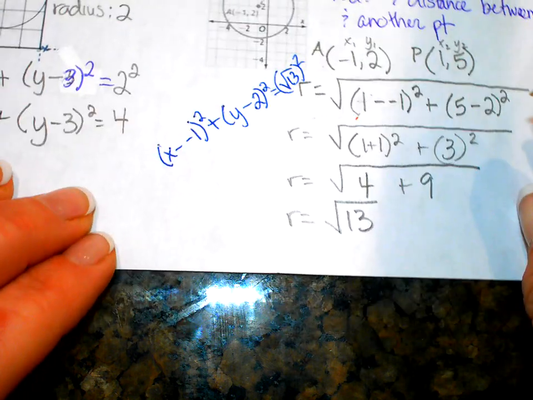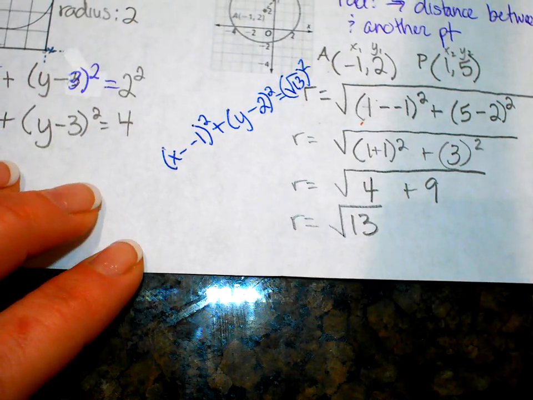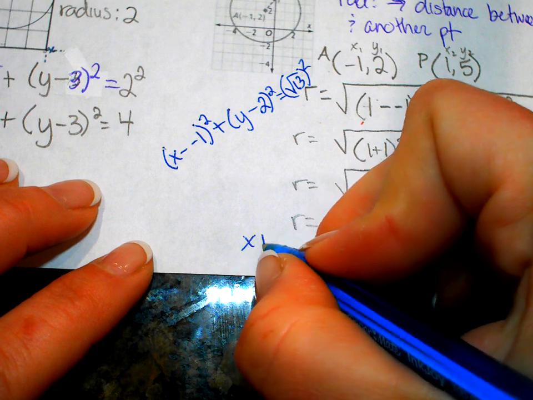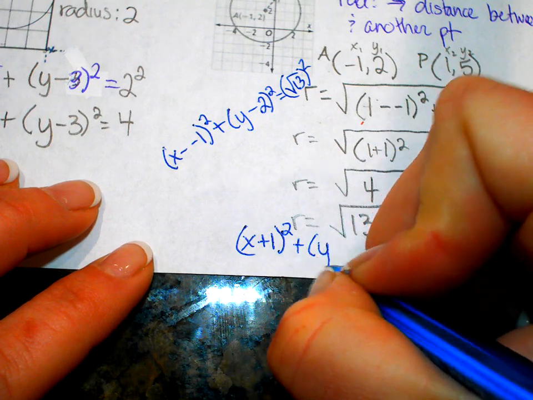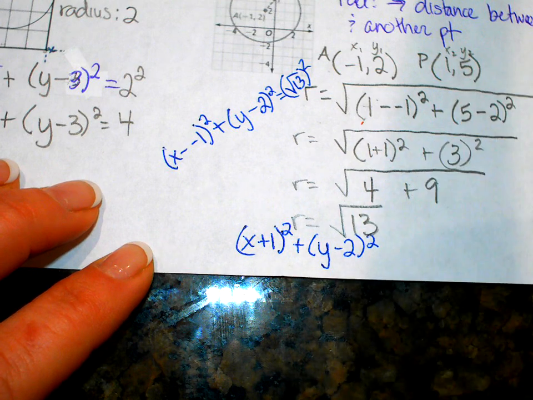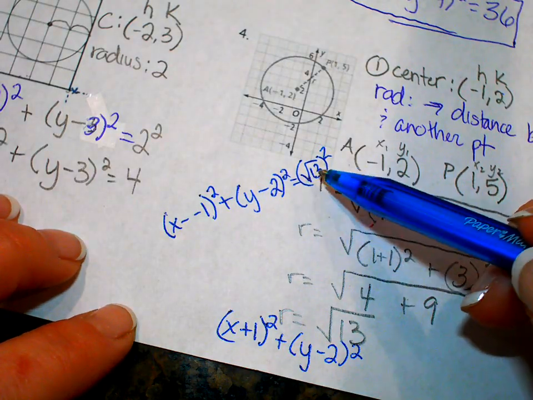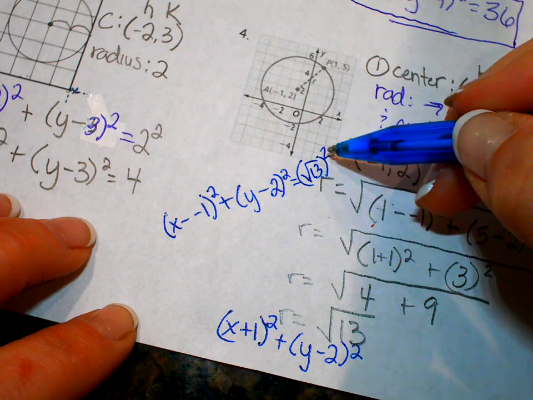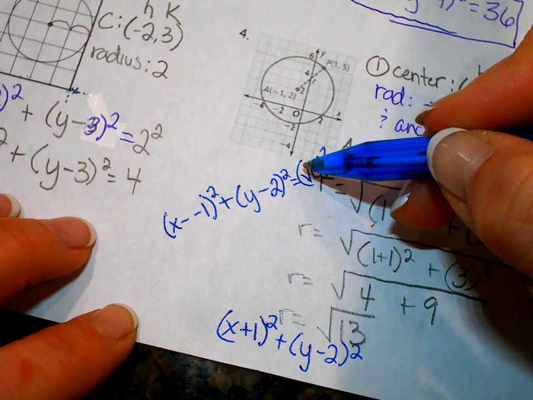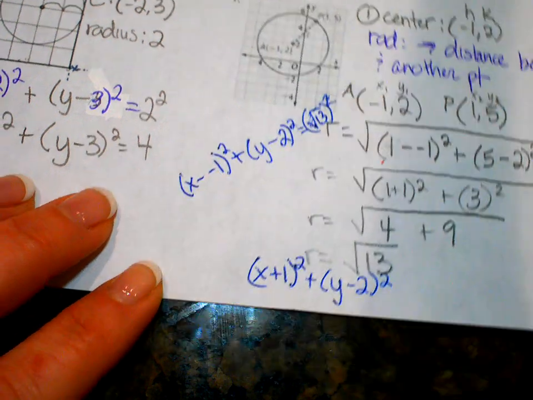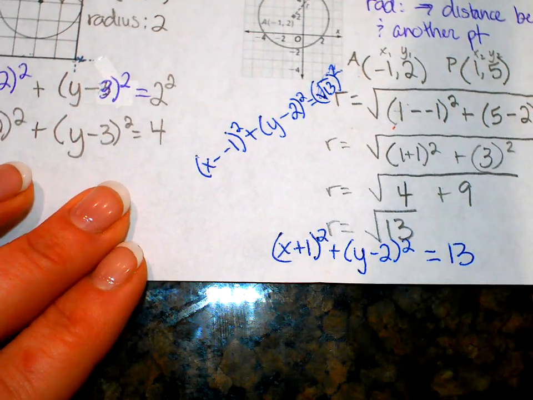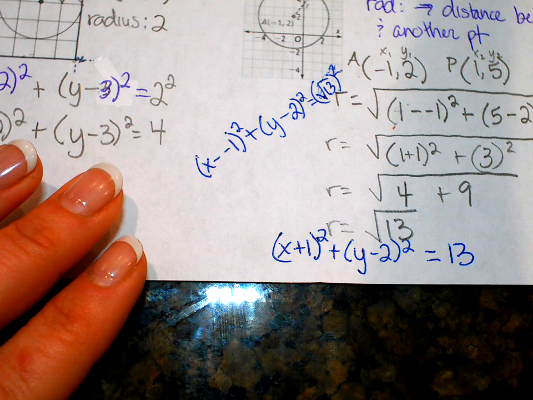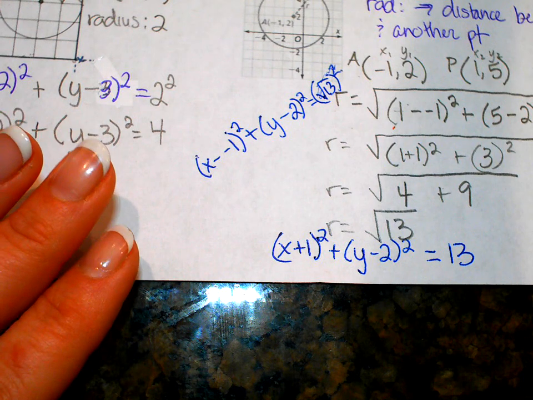So (x + 1)² plus (y − 2)². Okay, the square root of 13 squared. Remember how the square and the square root cancel? They're opposite operations, which means that I'm just going to have a 13 as my r squared. And there's the formula for number 4.